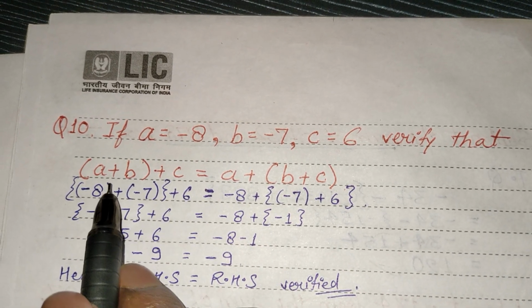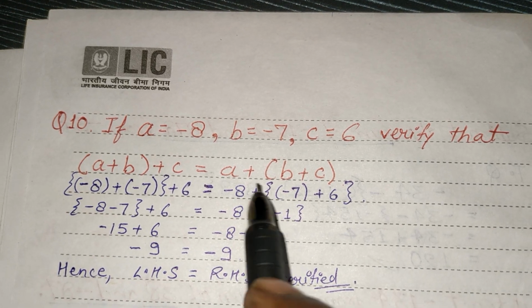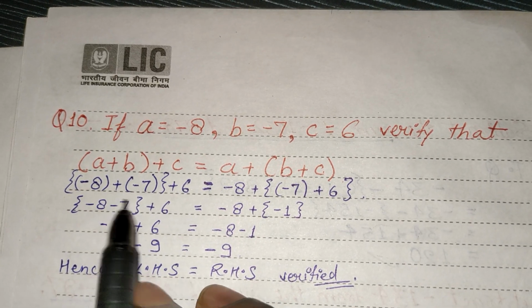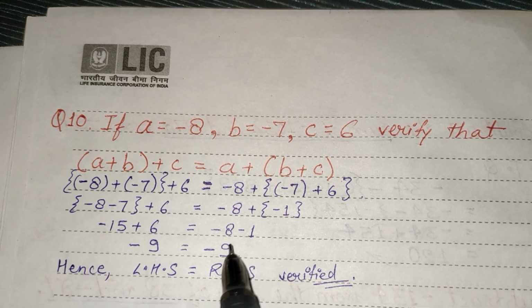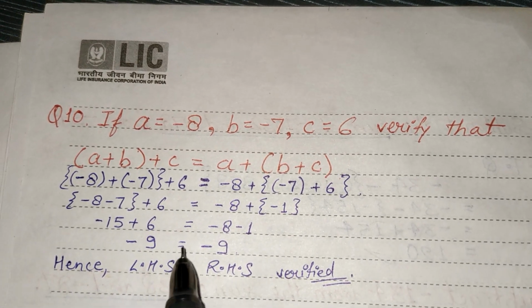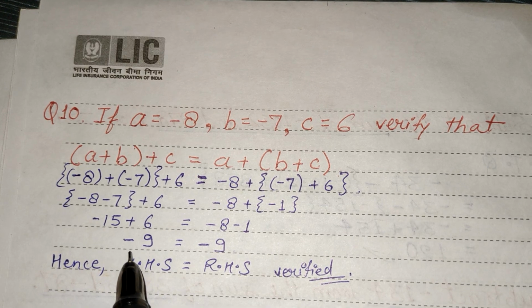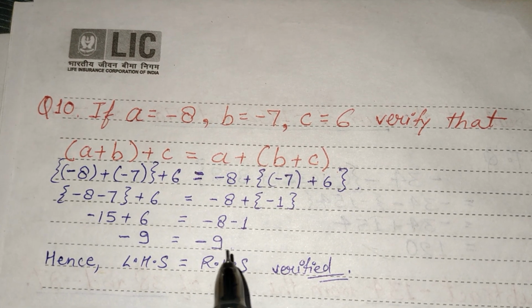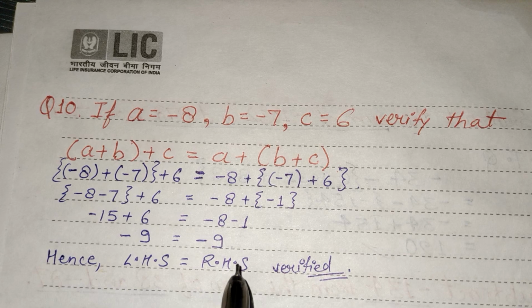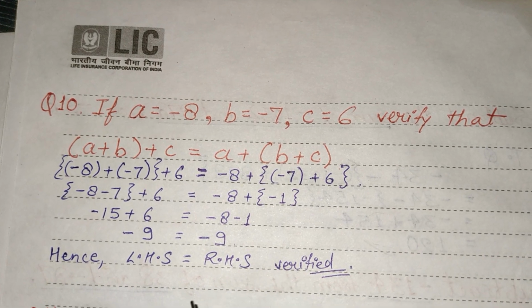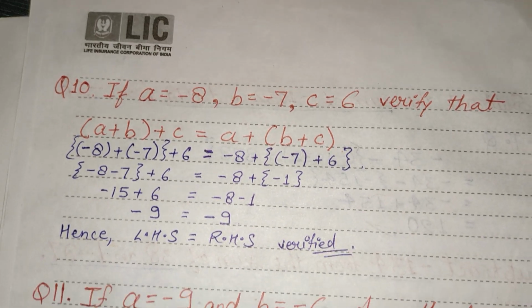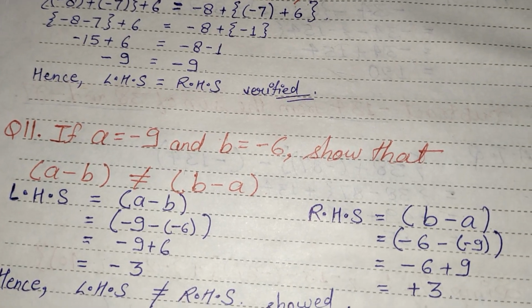Now this is the left hand side, this is the right hand side. Put the value, solve it like this, as you can see. Now here we can see that minus 9 is equal to minus 9, that is LHS is equal to RHS, hence verified.